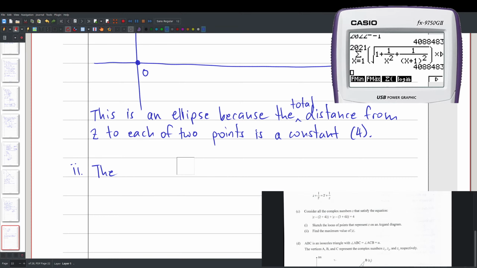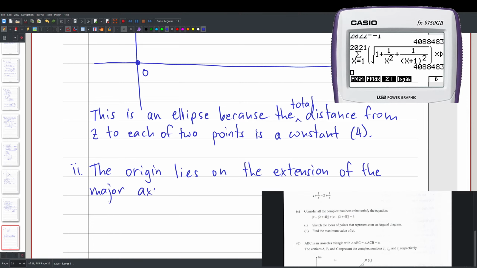The major axis of the ellipse is... okay. The origin lies on the extension of the major axis of the ellipse.